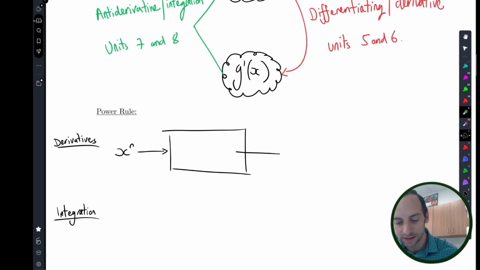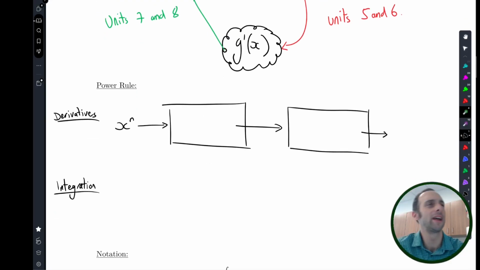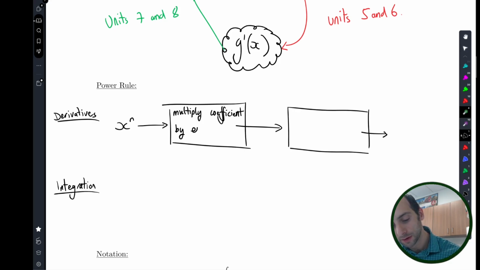Okay? So we think about our power rule as having some input, x to the n, and it's basically a machine that has two steps to it. So there's two steps to this machine, and then it spits out an output. Okay? So in words, we remember that taking the derivative using the power rule, we multiply the coefficient by the exponent. That was the first step of our machine, multiply that coefficient with the exponent.